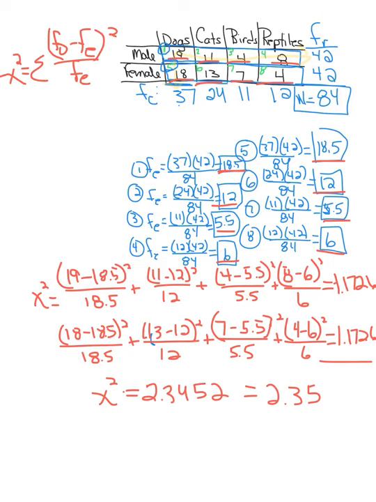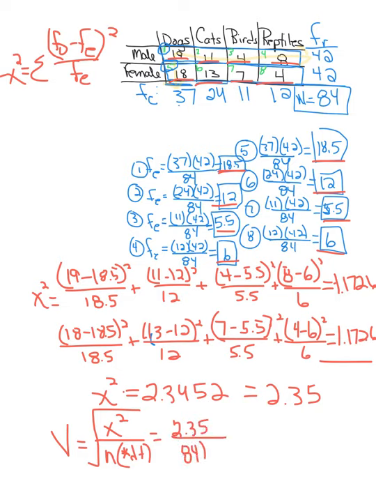Now we need to calculate an effect size. Because this is a 2 by 4 rather than a 2 by 2, we're going to use Cramer's V. So if you recall, Cramer's V is the chi-square divided by n times the smaller degrees of freedom, all under the square root. So basically, we're looking at 2.35 divided by 84 times 1, because that's the smaller, right?